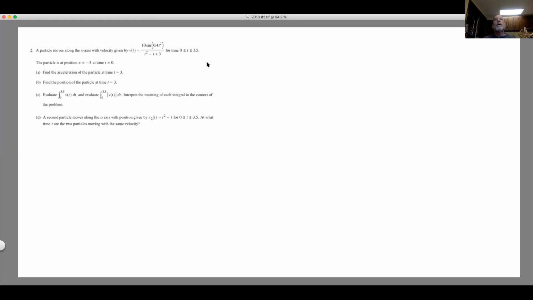See if it works now. Okay. So think of a number line here. Here's a -5. So that's where it is right here. Here's 0. So my question is, this first one is find the acceleration of the particle at time equals 3. Any ideas of what to do?